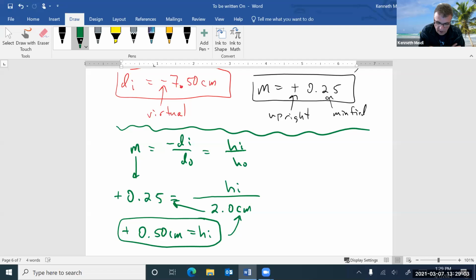And so that allows us to do all of these predictions of exactly what the light rays will be doing. Then we get descriptions of exactly what those images happen to be. So hopefully this is making sense, and this helps you through that last part of chapter 23 dealing with spherical mirrors.